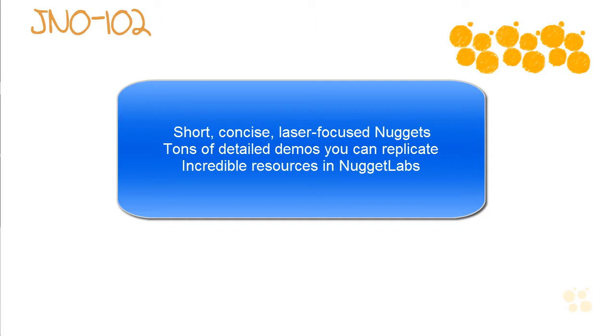Number two, I wanted to ensure tons of demonstrations, and demonstrations that you can very easily follow along with. And number three, I wanted to provide better resources than I ever have before in the Nugget Lab files, including electronic flashcards that will literally ensure you are mastering the most important topics that we cover in this particular course.